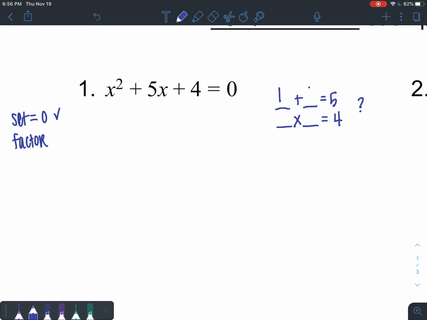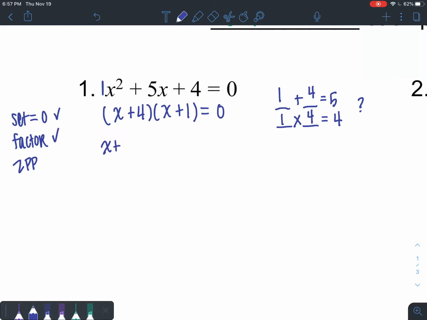The numbers are 1 and 4. Because I have a 1, I can write this as (x + 4)(x + 1) without splitting the middle. Don't forget that equals 0.